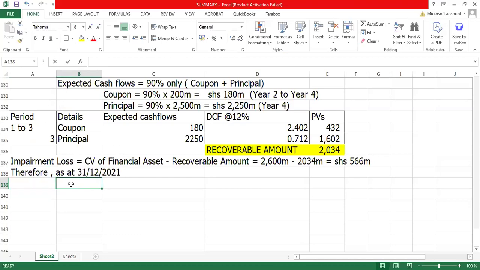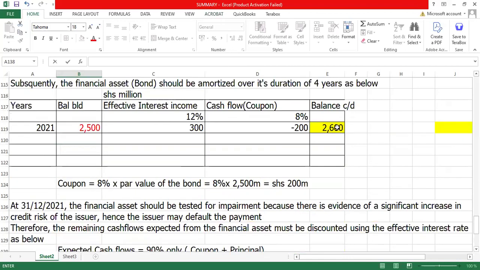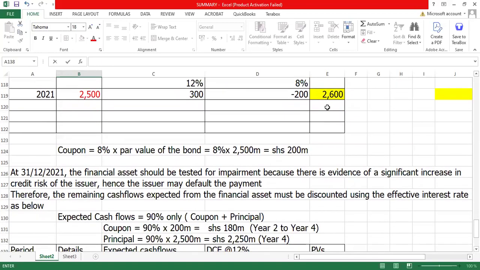What should be recognized? This financial asset should be written down to its recoverable amount. You're not going to record the financial asset at this amount; this is what we would have reported if there was no impairment.